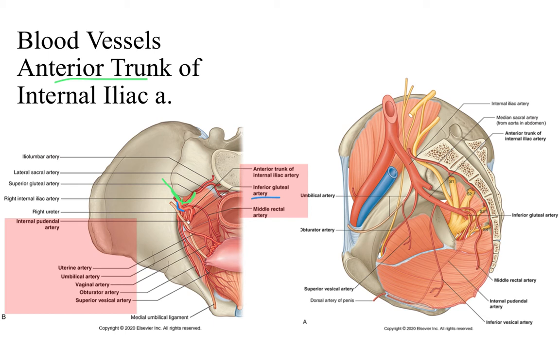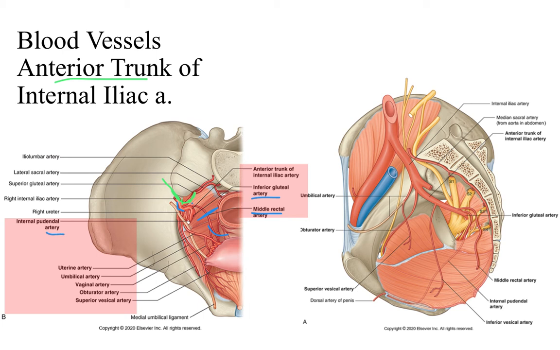So that's going to go the piriformis muscle right here, and it's going to supply blood to the gluteal region as well as the hip joint. And then we have our middle rectal artery, which of course is going to the rectum, and that's a branch of the anterior. And we'll also have our internal pudendal artery.